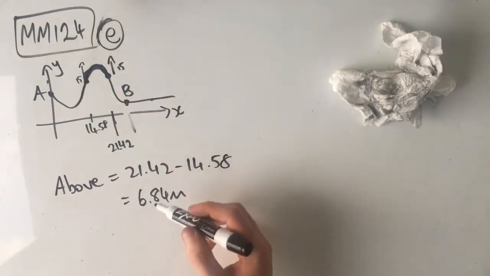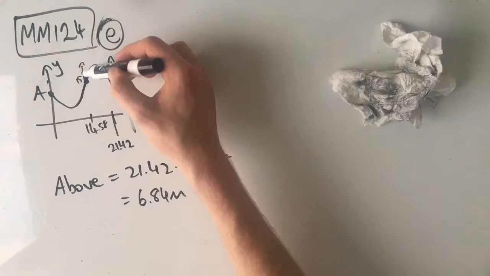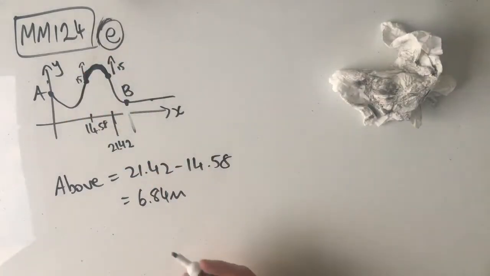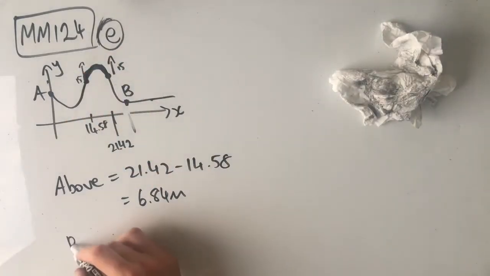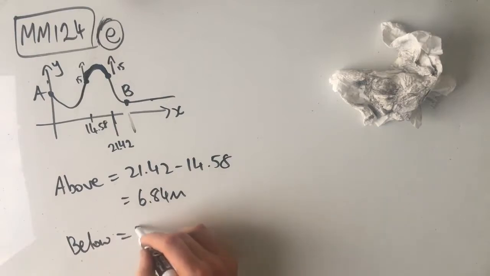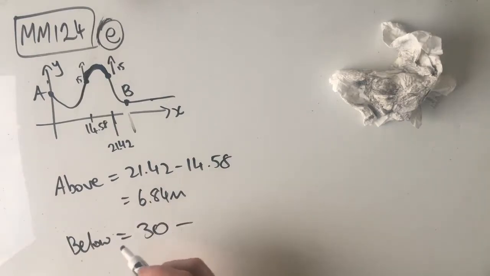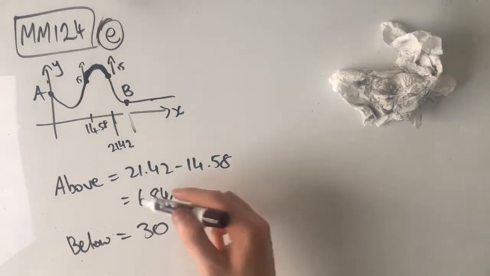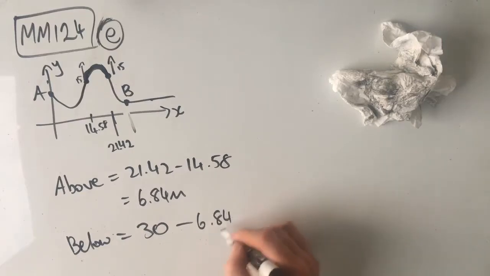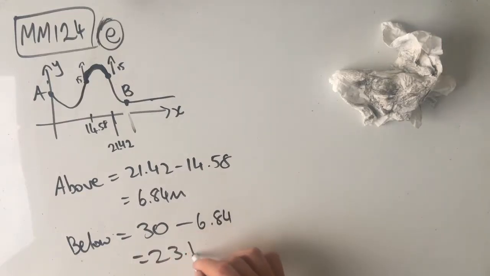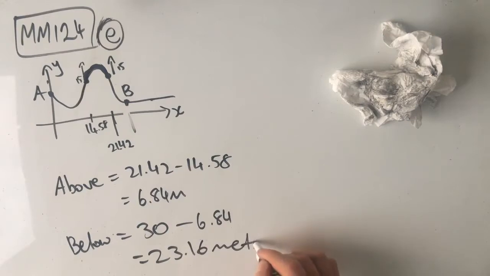So if it's above 15 meters, 6.84 meters from A to B, then from A to B is 30 meters, which means that below is 30 meters minus 6.84, which gives us 23.16 meters.